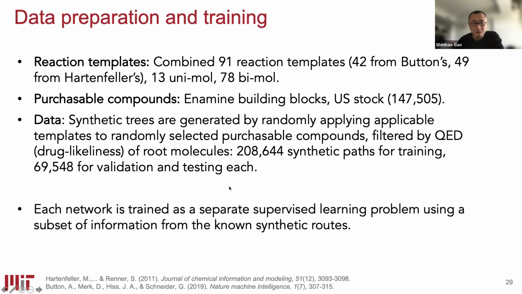Synthetic trees are generated by applying a random policy to the aforementioned MDP. We filter the synthetic trees by the QED, drug-likeness, of the root molecule. After all, we obtained about 200K synthetic paths for training and about 70K each for validation and testing. Each network is trained as a separate supervised learning problem using a subset of information from the synthetic trees.